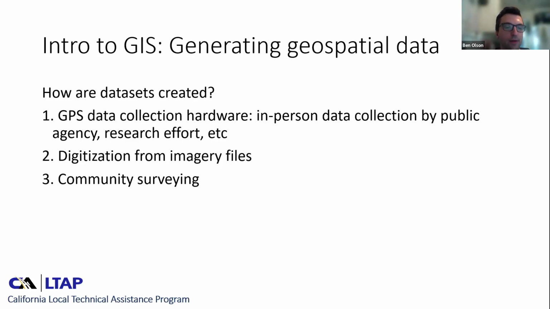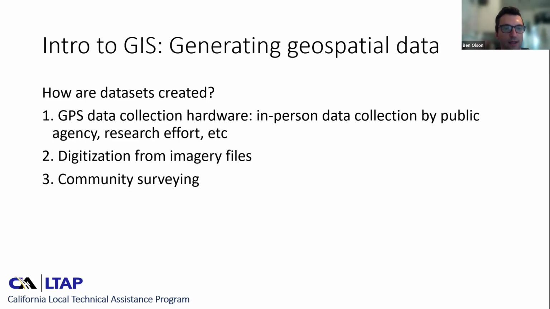Maybe it's done using a phone, or there's higher accuracy location, bigger hardware GPS devices, and there are data collection efforts that use devices like that to go around and drop points everywhere there's a fire hydrant or something like that. Then if you load what you've collected in your GPS data into a GIS software, you can configure an attribute table to go along with it, and then you have yourself a GIS data set. That's the most manual way of generating GIS data that you can think about.